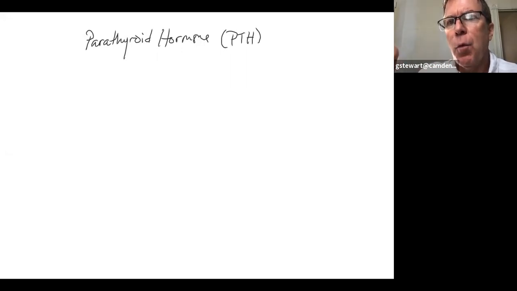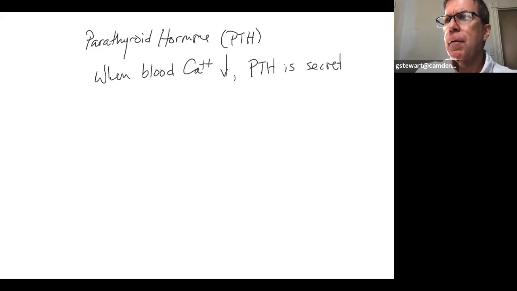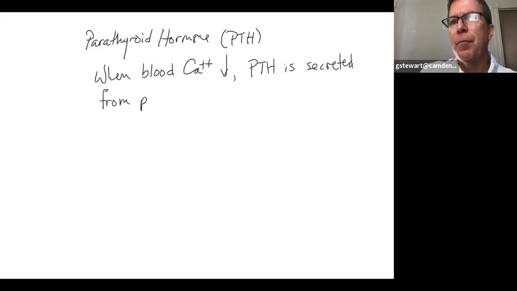Here's what happens. When blood calcium levels drop, decrease, PTH is secreted from parathyroid cells.